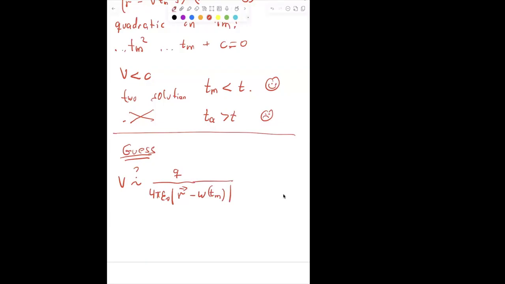This would be a nice equation, and it's not totally wrong, but it is wrong mathematically because it doesn't give you all the physics, but maybe in some limits it gives you what you expect.